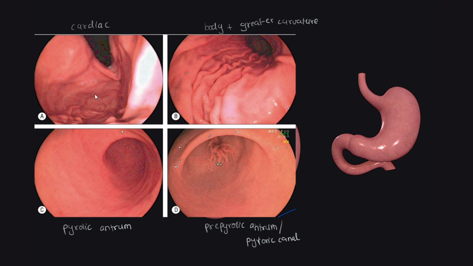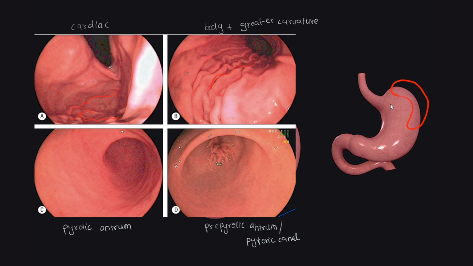So the first thing we can see in the cardiac region is that there are some megastraes or mucosal folds, and these mucosal folds usually are more profound and defined when it comes to the greater curvature, this region right here.